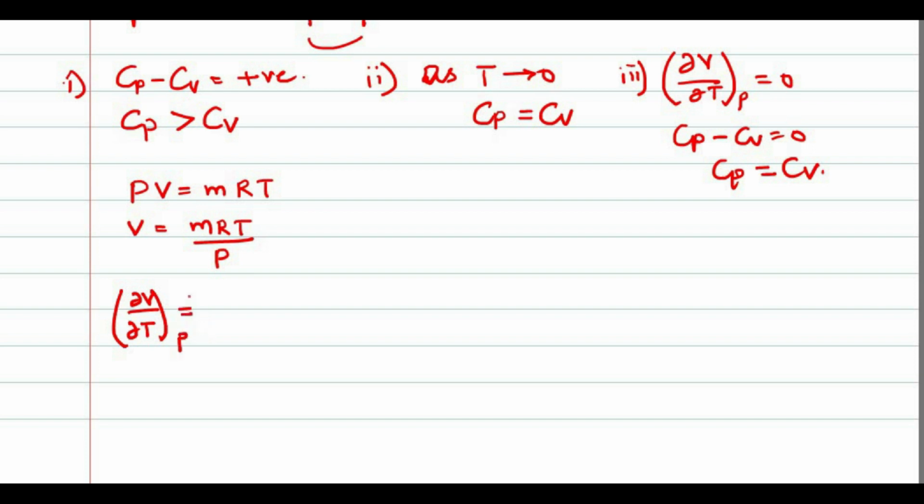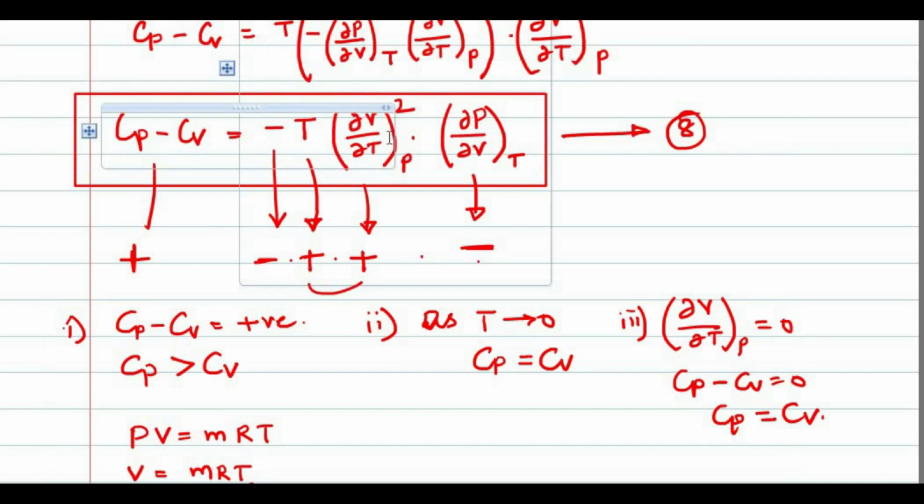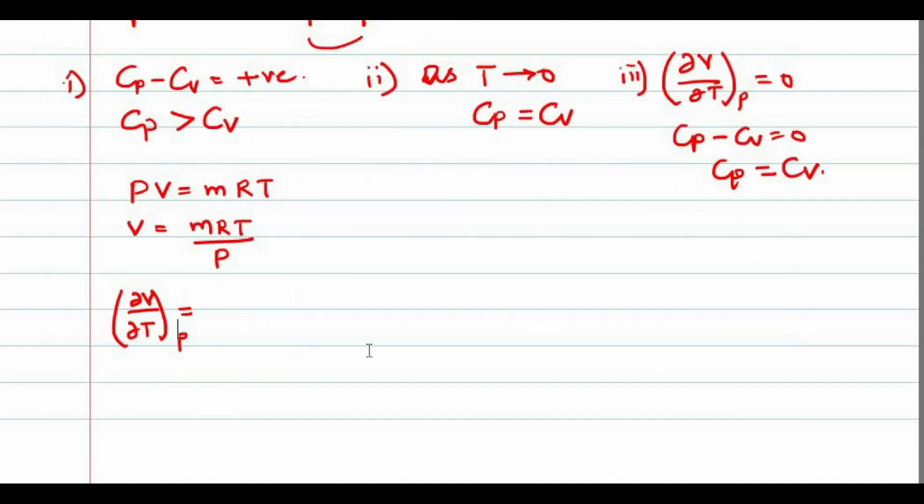Because in the equation we are having dou V by dou T and dou P by dou V, so I am finding dou V by dou T at constant pressure. I am differentiating V with respect to T. I will be getting m into R divided by P. So what is mR by P? mR by P is equal to, we can say it as V by T also.